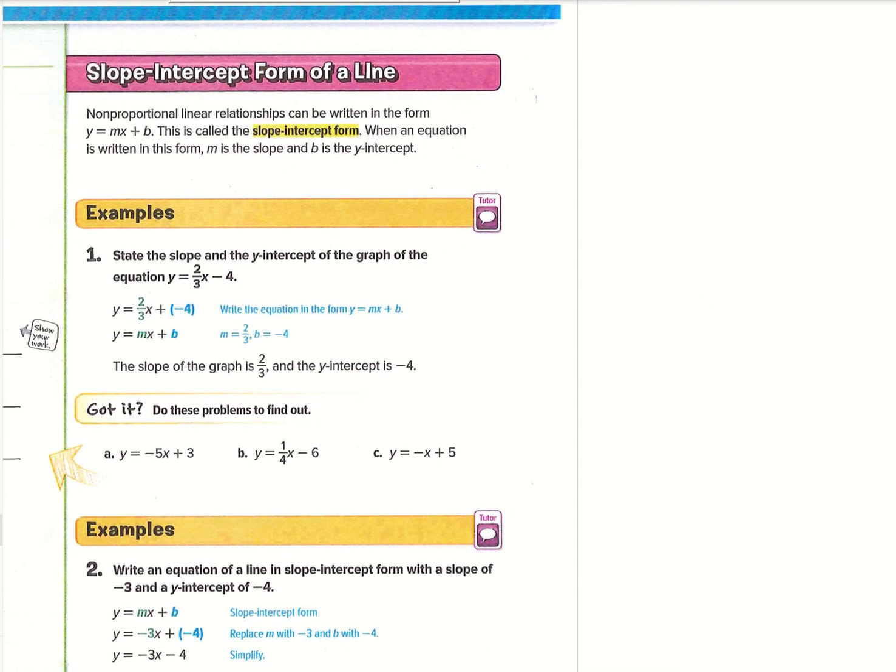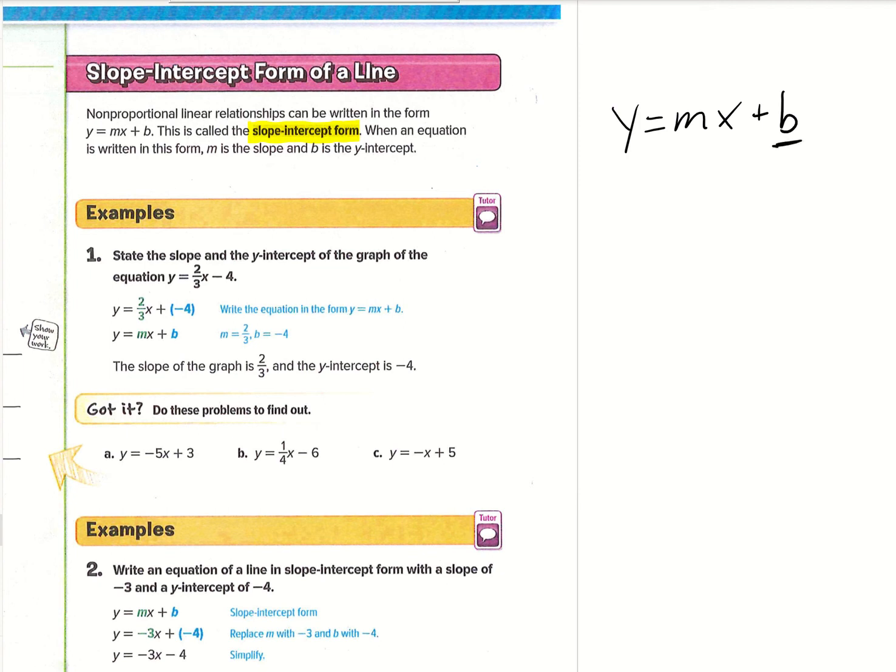This is called slope-intercept form, and slope-intercept form is y equals mx plus b. Again, it's just the same thing that we've been looking at in 3.3 and a little bit in 3.2 as well, but now we're adding a b.